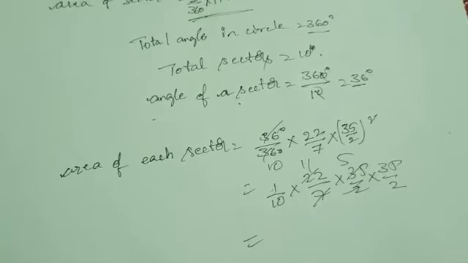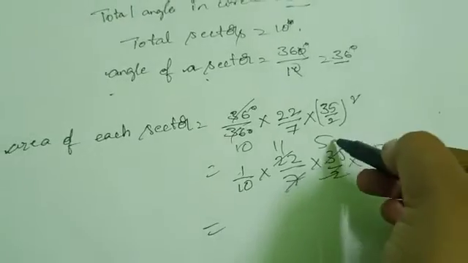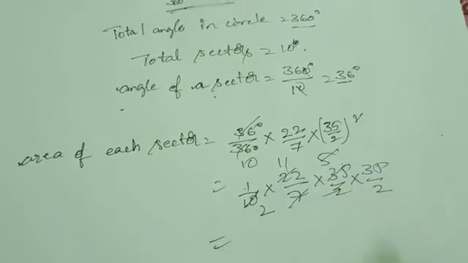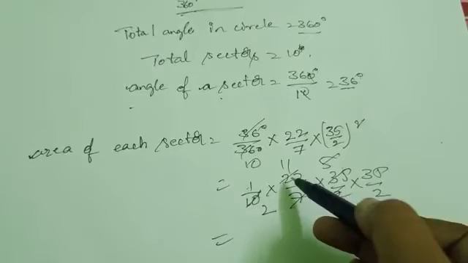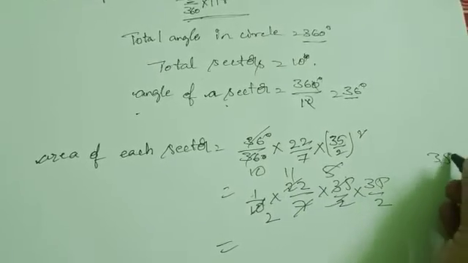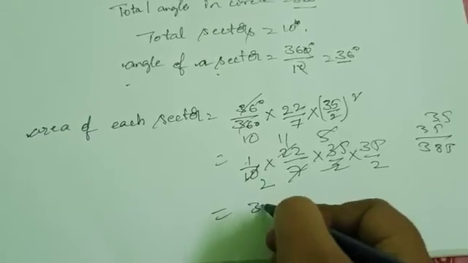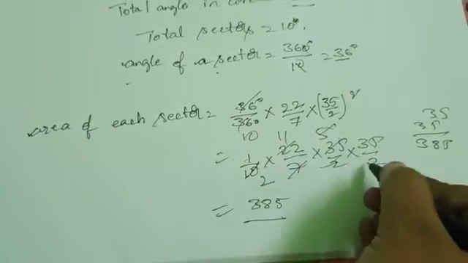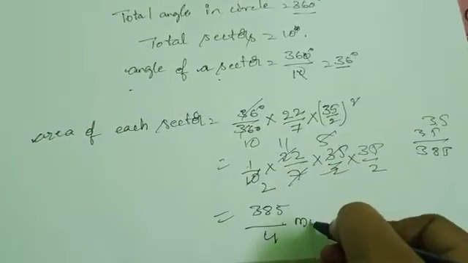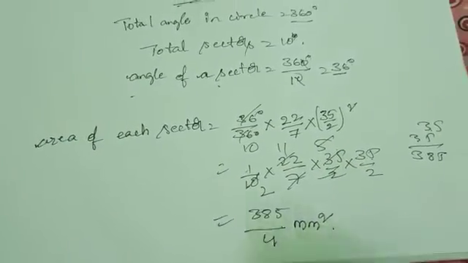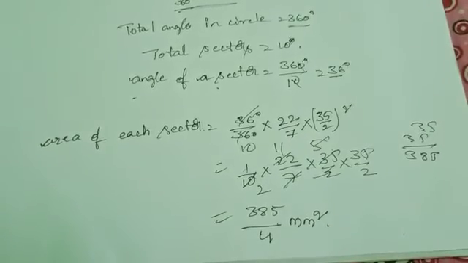This value equals 11 into 35, 385 by 2 into 2, that is 4. Area is in square units, millimeter square. Clear? So the area of each sector equals 385 by 4 millimeter square.